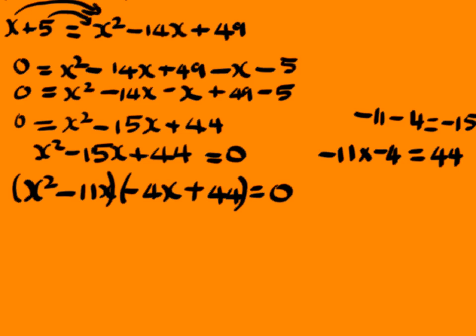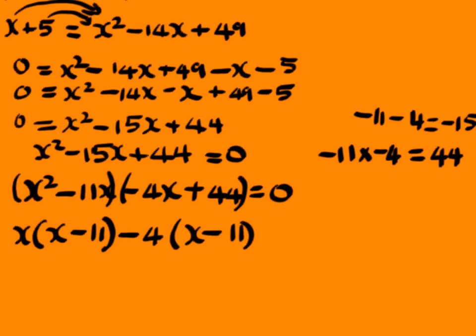For the first bracket, we can only factorize x out, so we have x into x minus 11. From the second bracket, we can factorize minus 4 out, and we are left with x minus 11.